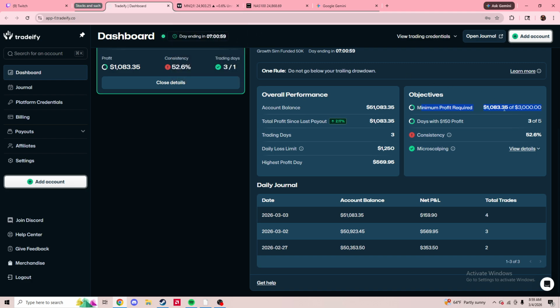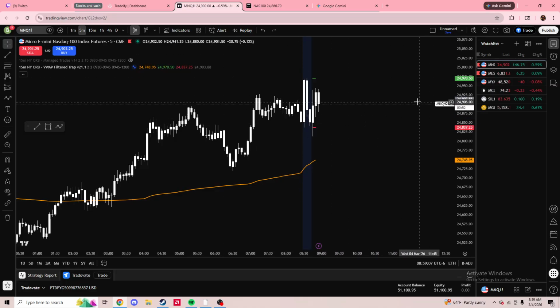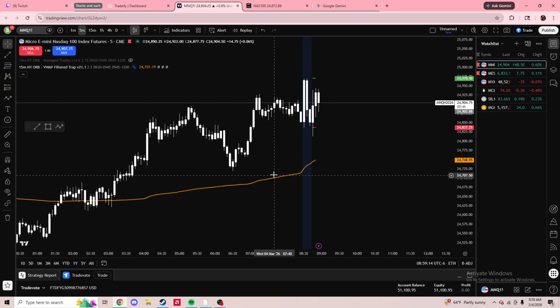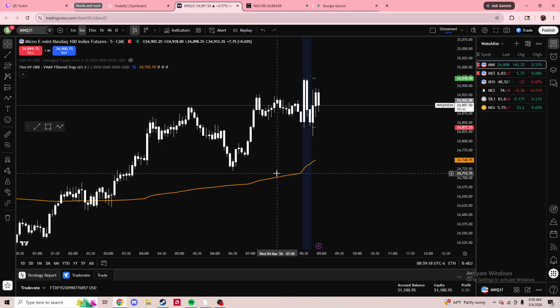Basically how it works is when you hit the minimum profit, you can take money out of that. And the maximum is 1,500. So taking 1,500 out of 3,000 leaves you with 1,500, which doesn't leave you with a strong buffer, because I believe after you take that money out, the minimum you can get to is 50,100.